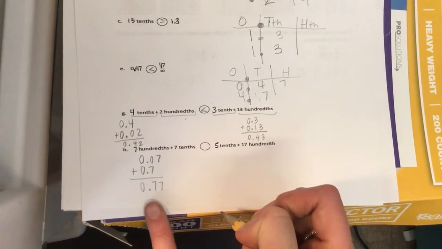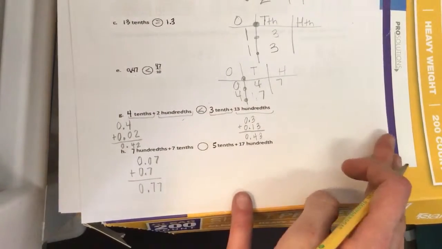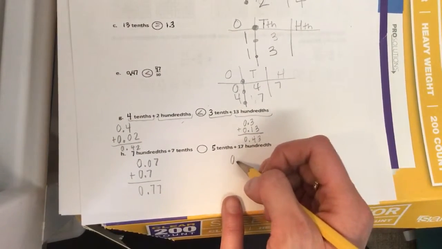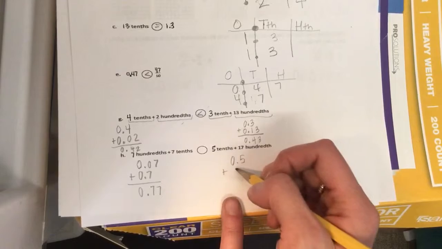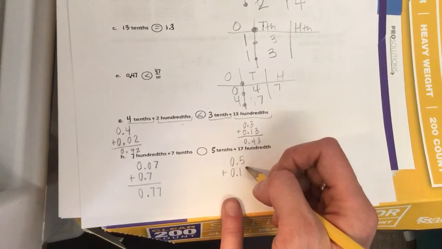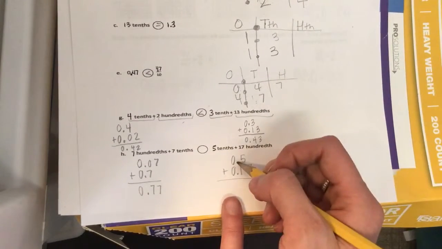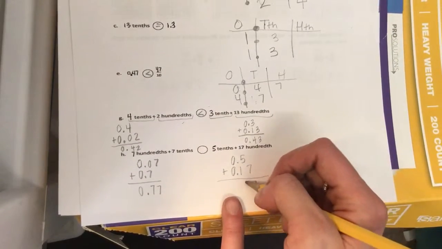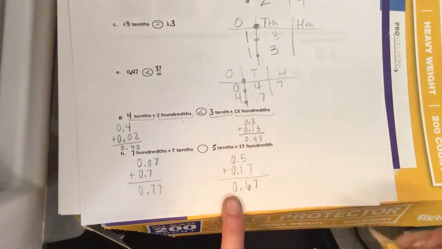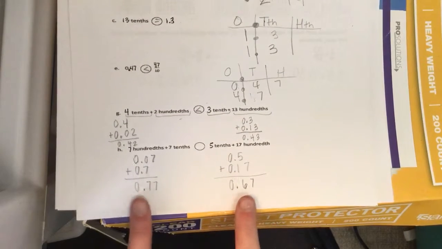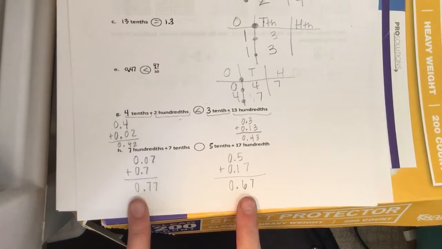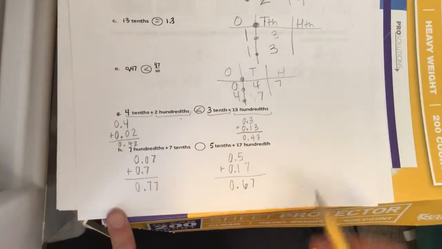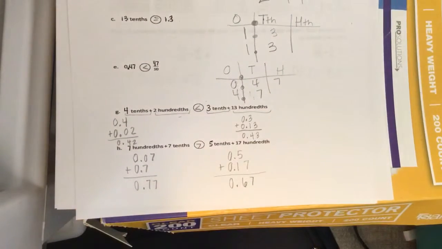I get 77 hundredths. Same thing over here, 5 tenths plus 17 hundredths. Notice that my decimals are always right on top of each other. That would be 67 hundredths. So hopefully you can tell right away 77 hundredths is greater than 67 hundredths.